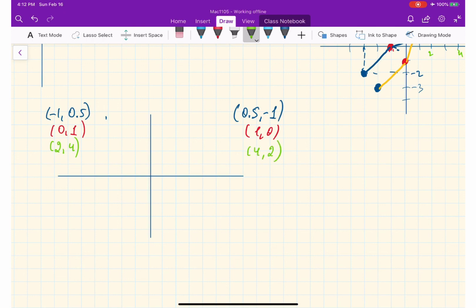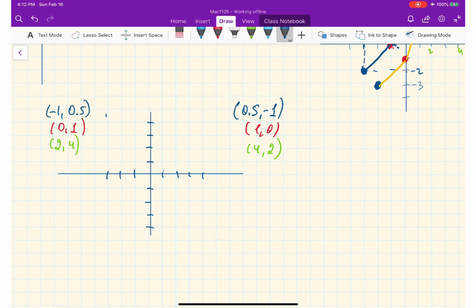Well, let's build the points. -1 and, okay, 1, 2, 3, 4. 1, 2, 3, 4. So, -1 and 0.5, it's going to be somewhere here, right?